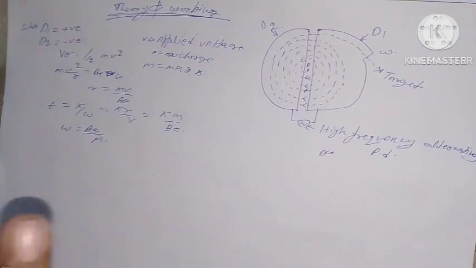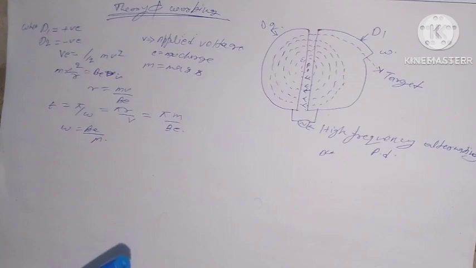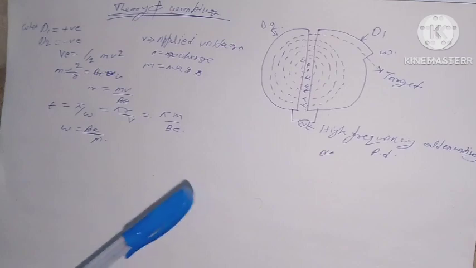The value of t is a constant, being independent of the velocity of the ion and the radius in which it travels.